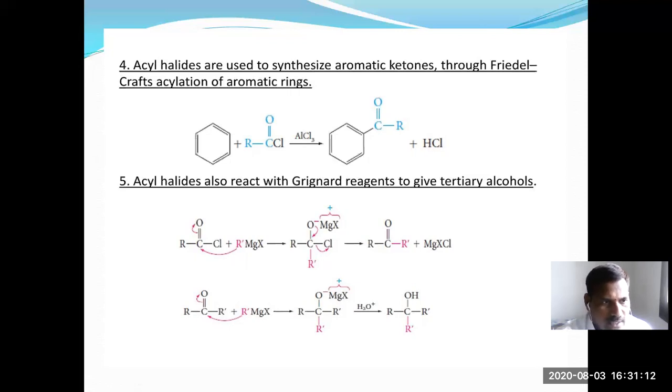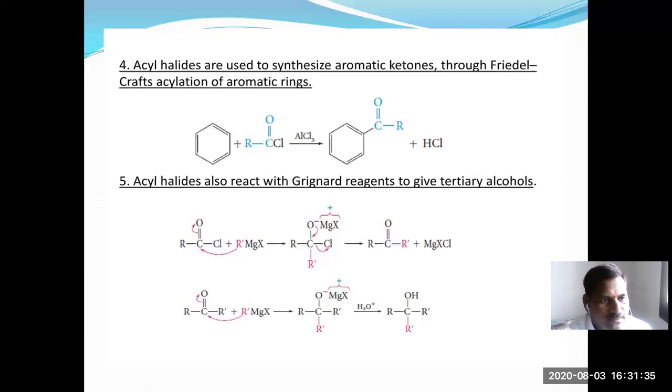That's why benzene undergoes a reaction with acyl halides or acid chlorides in the presence of a Lewis acid, and aromatic ketones are formed.